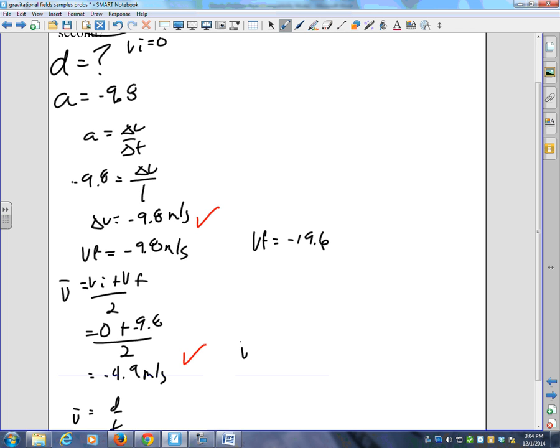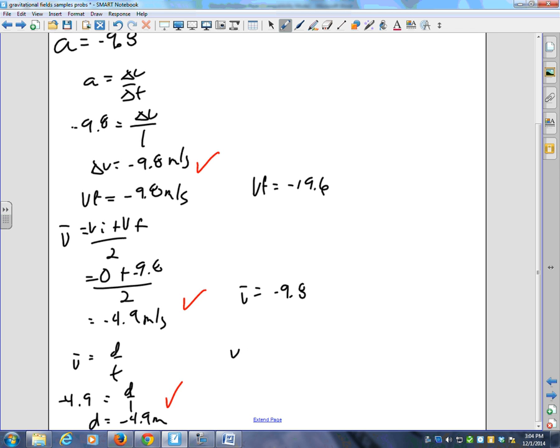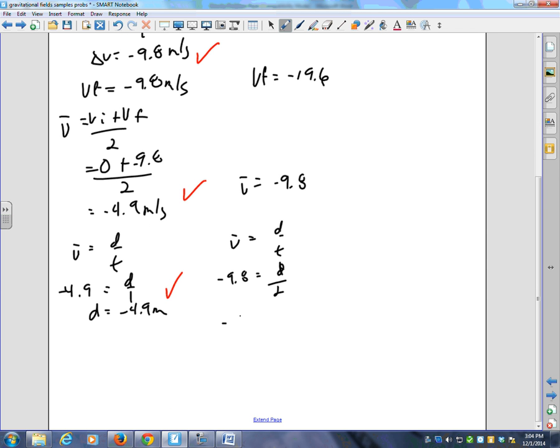V bar is going to be 0 plus 19.6 divided by 2, or minus 9.8. And how far does it go? Back to 19.6.